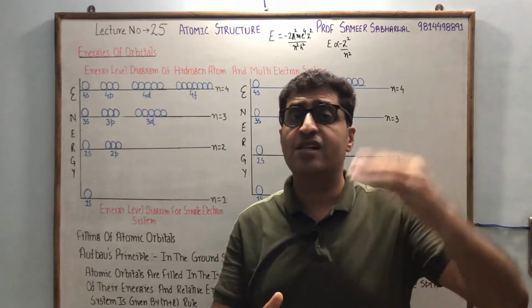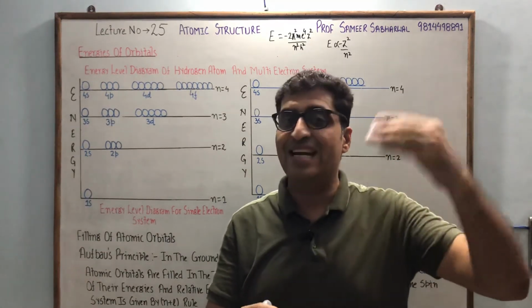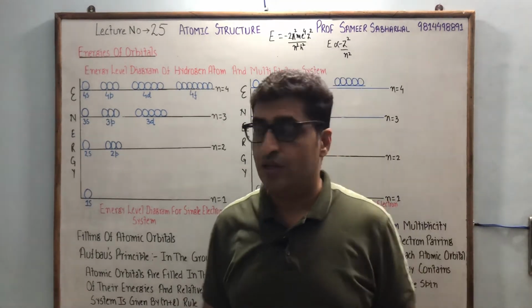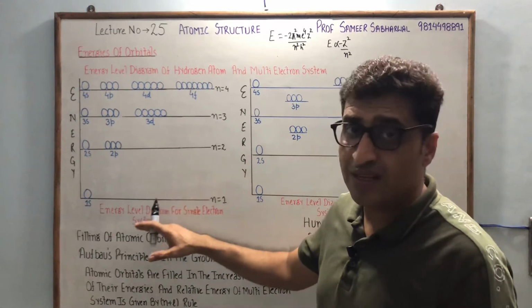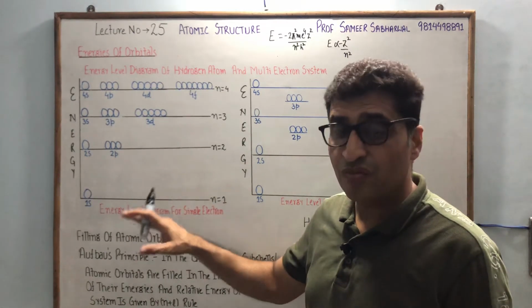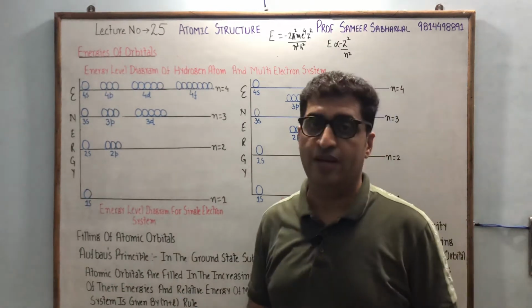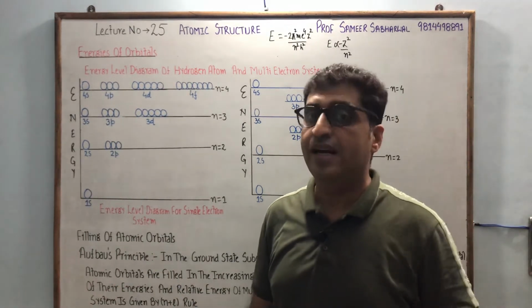The rest of the shells are known as excited levels. When we give energy to the electron, it goes to a higher level. So the first level, where the electron is present in the hydrogen atom, that is the first shell n=1, is known as the ground level, and the rest of the levels are known as excited levels.